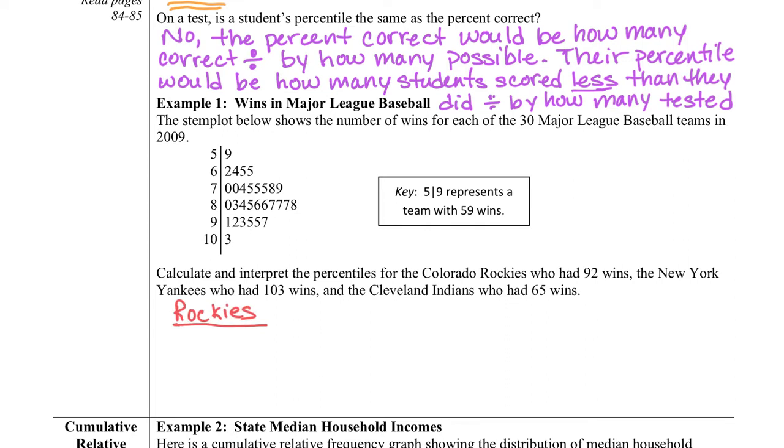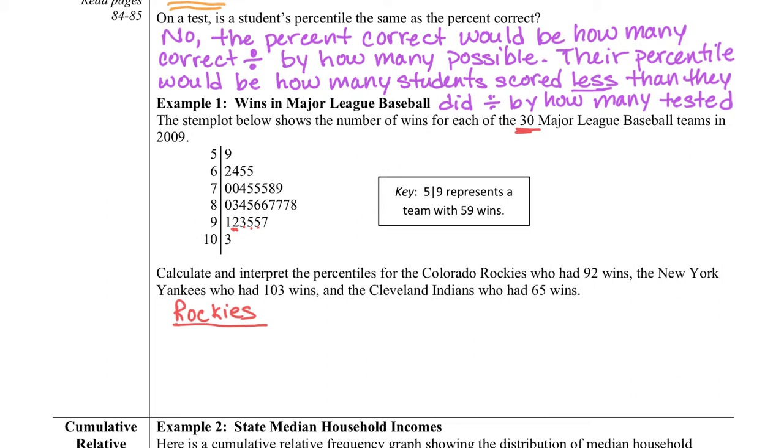When I find the 92 for the Rockies, it's right here. And I'm going to count. Now, I could count how many are below it, but since it says in our directions that there were 30 Major League Baseball teams, it would be easier just to count above and subtract.